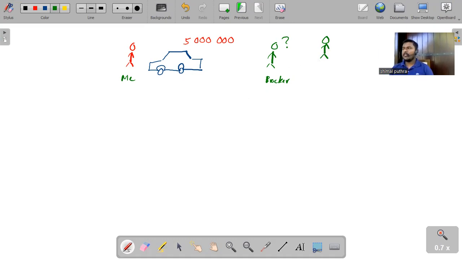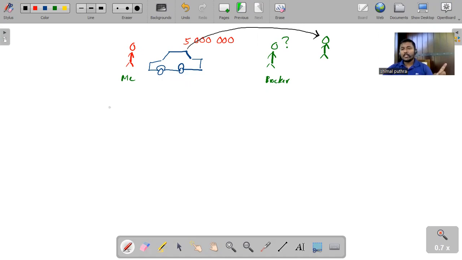He will go anywhere. He will call others. He will advertise this and he will find a buyer for my car. Then the buyer will take this car. Then he will pay me 50 lakhs. That means he will pay me 5 million rupees. From the valuation of the car, I have to pay some commission to the broker.